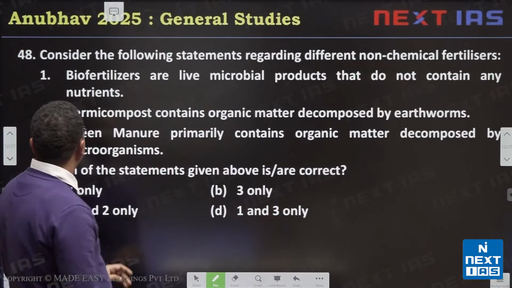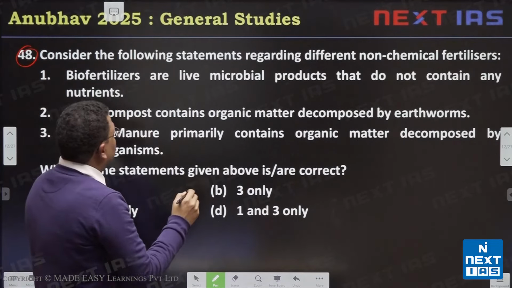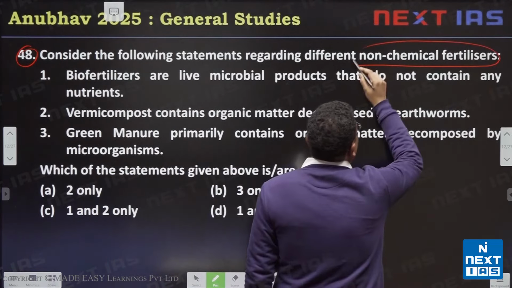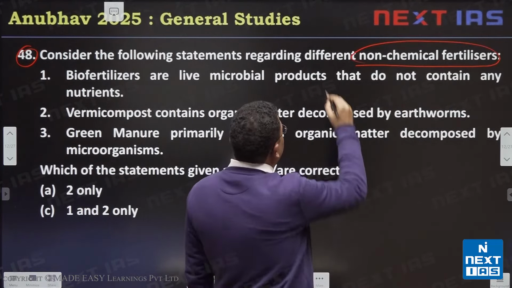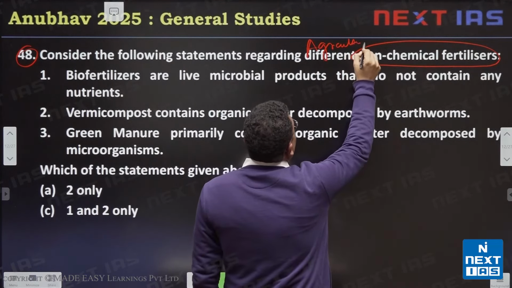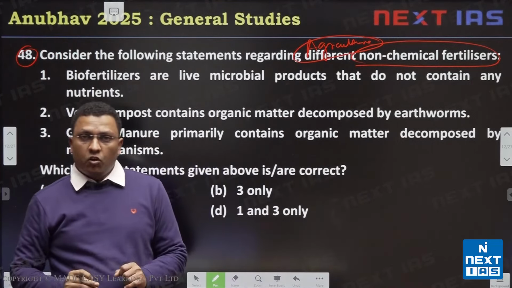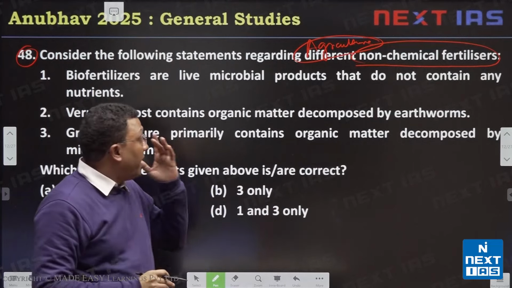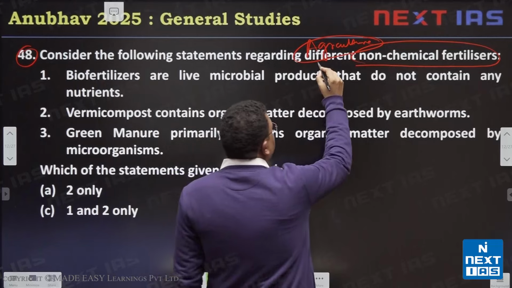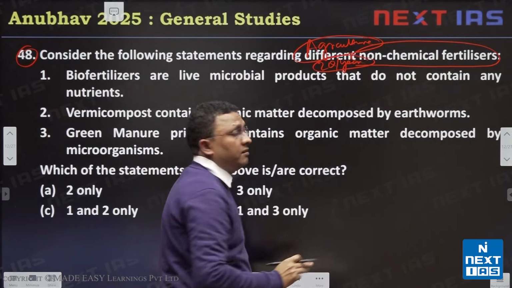Now, let's see the next question, that is question 42. It says consider the following statements regarding different non-chemical fertilizers, right? So this is a question from the topic agriculture, right? Agriculture is a very important topic in Indian geography, and if you analyze the trend of previous year questions, almost 2 questions have been asked from this topic every year in the recent past, right?